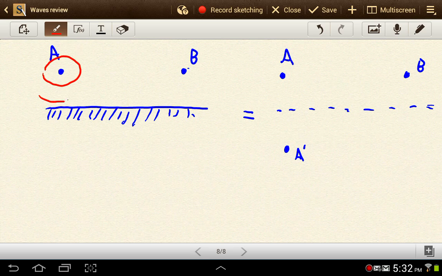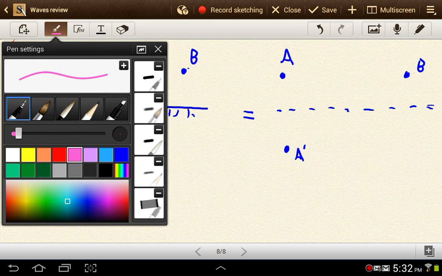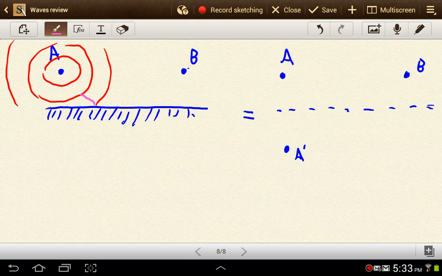I guess the way I might explain it is, here is A making circular waves, and here is where it hits, and you get the reflected waves that look like that. I'll do the reflected waves in lavender. But really the reflected waves are just semicircular bits of what you might imagine as being full circular waves from a point A prime.